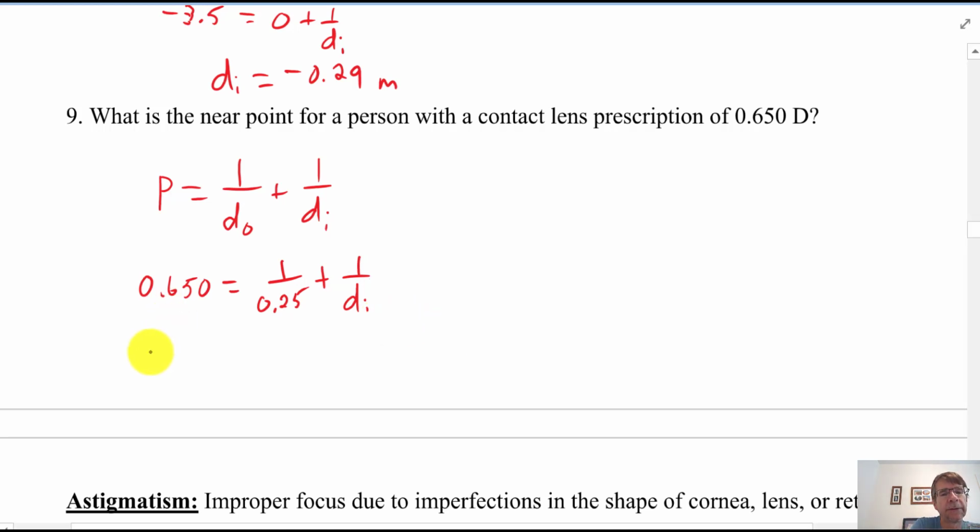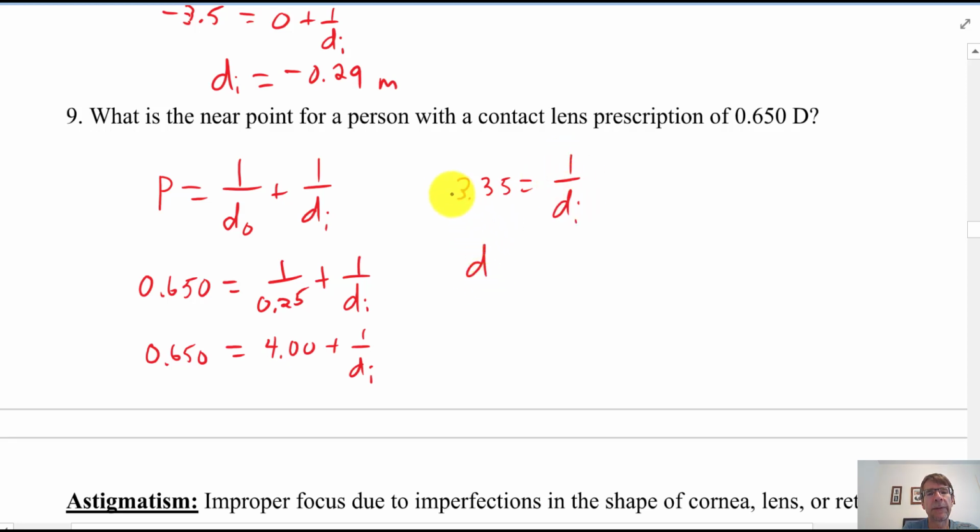So 0.650 equals 1 over 0.25, which is 4.0, plus 0 plus 1 over d sub I. So we get 4.00 minus 6.5, which is negative 3.35, equals 1 over d sub I.